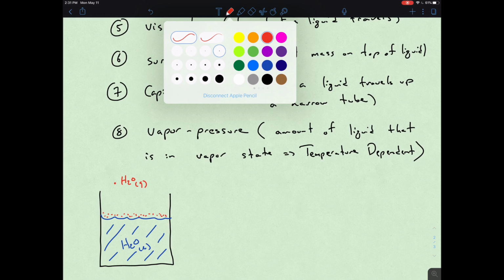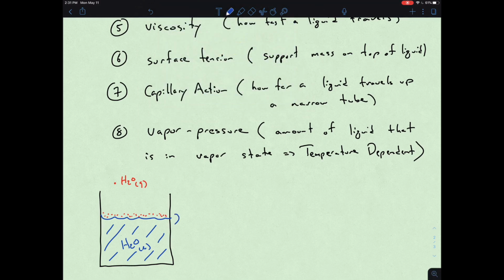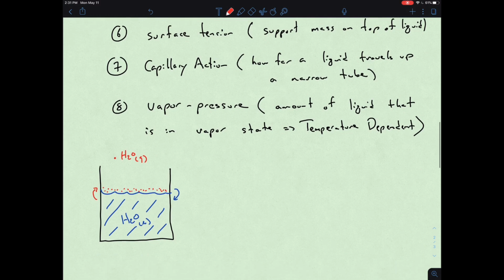Some of that H2O in the gaseous state is coming down and condensing to make H2O in the liquid state. But at the same time, some of that H2O in the liquid state is coming up and making H2O in the gaseous state. So this is what they would call a dynamic equilibrium. And this layer of gas, we could refer to as the vapor pressure.